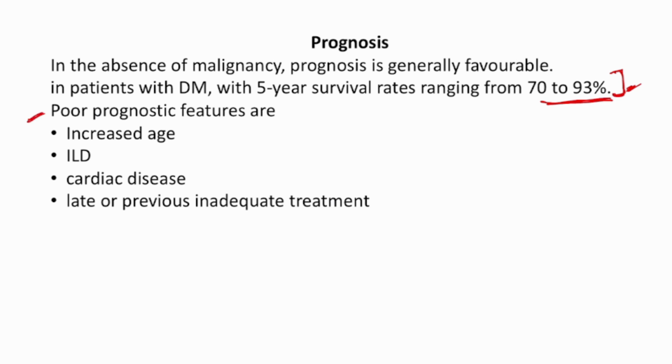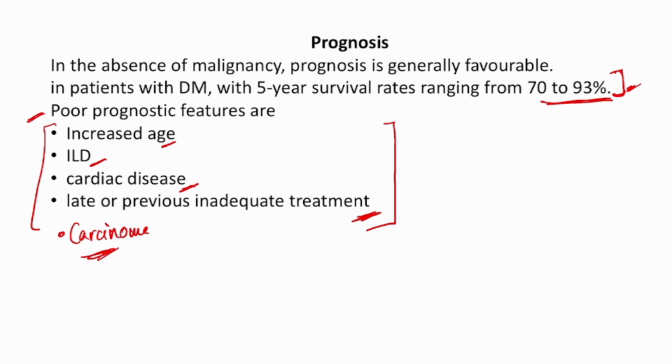But if there is increased age or ILD or cardiac disease or inadequate treatment, the prognosis is poor. Sometimes carcinoma, if it is associated, is also a poor prognostic sign, right? So prognosis is generally good. If associated with other diseases, it can be poor, right? So that is all about dermatomyositis.